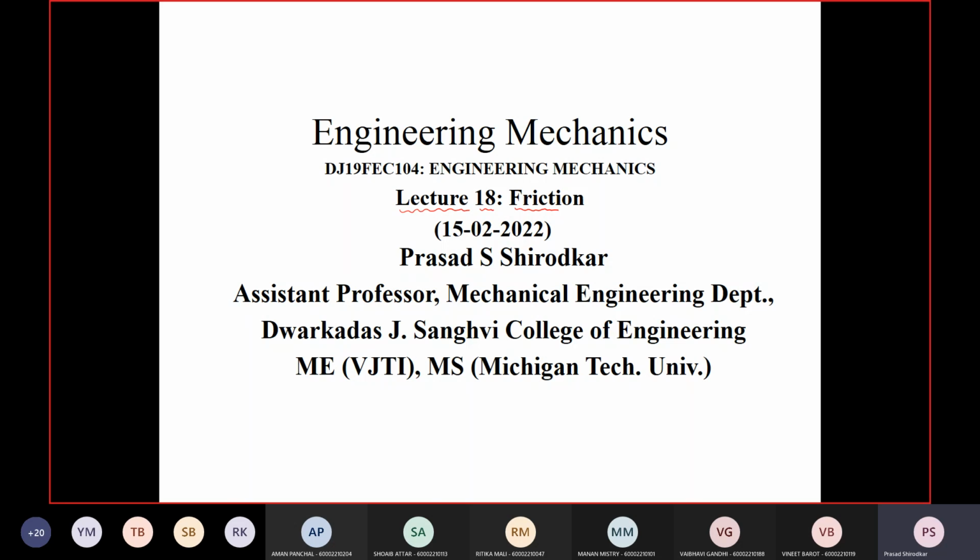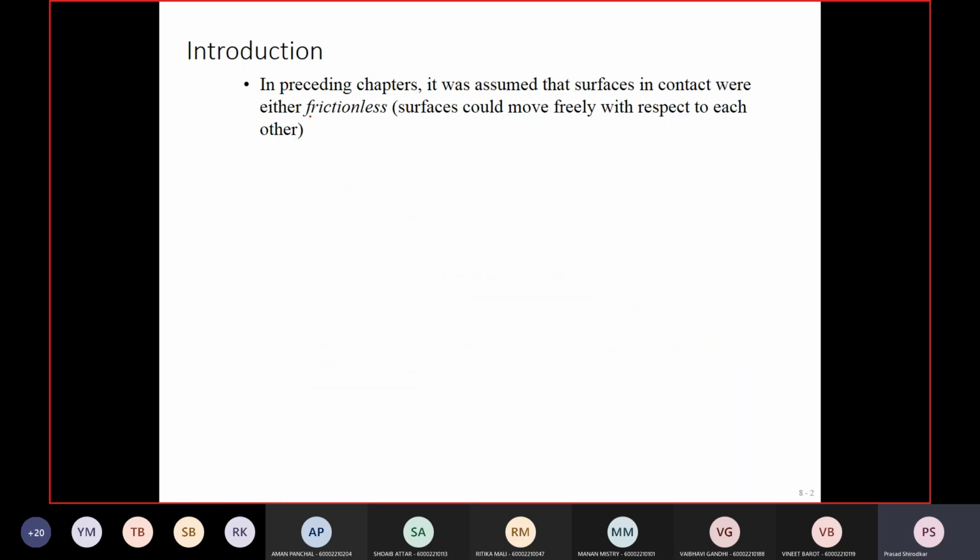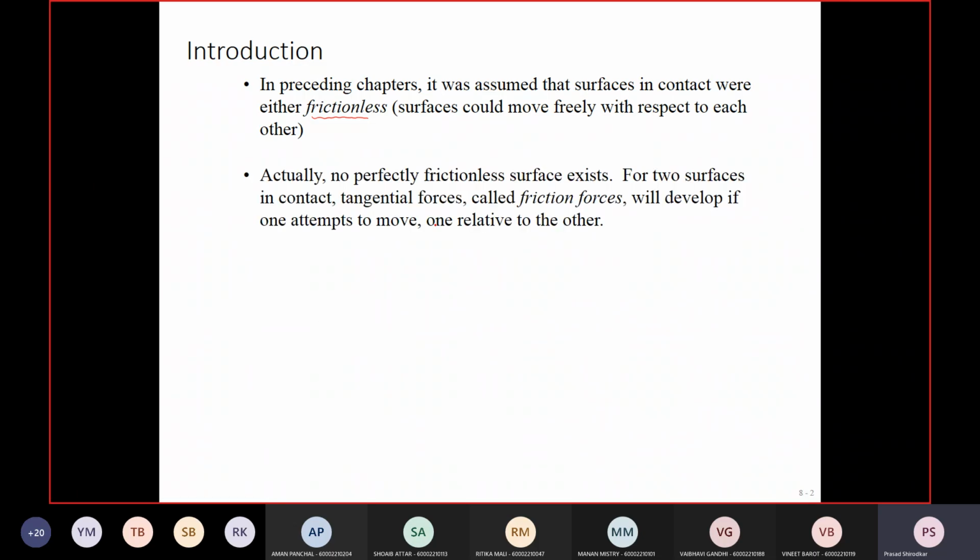Okay, let's start. So today we are going to start with a new topic, that is friction. So far in preceding chapters we assumed that the contact surface is frictionless, so surfaces could move freely with respect to each other. But in the actual case, there is no perfectly frictionless surface.